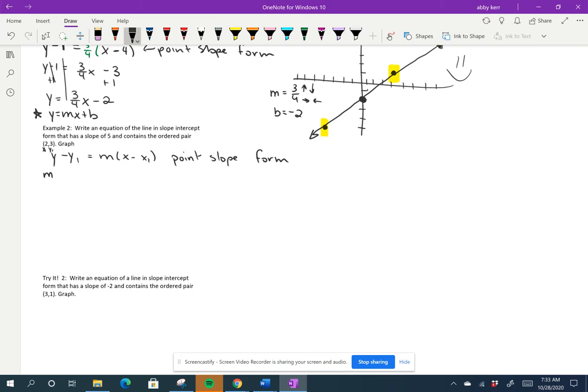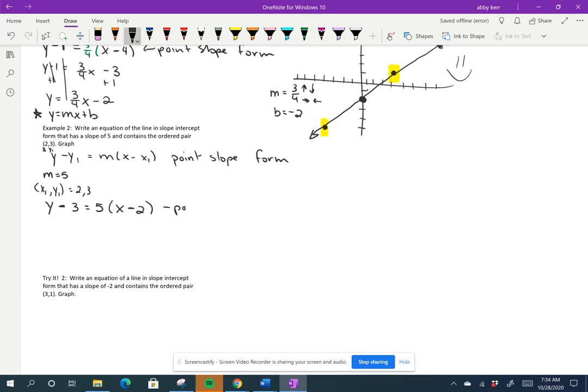So they gave us m as 5, and they gave us the ordered pair x1, y1 as 2, 3. So we're just going to plug that information in. We have y minus our y1, which is 3. Our m is 5. Then we have x minus 2.